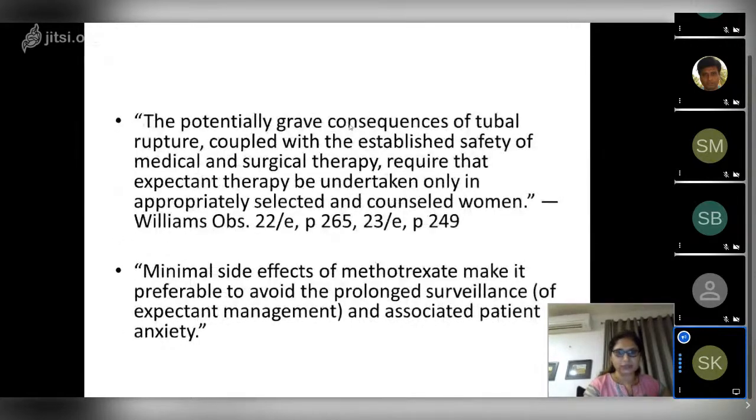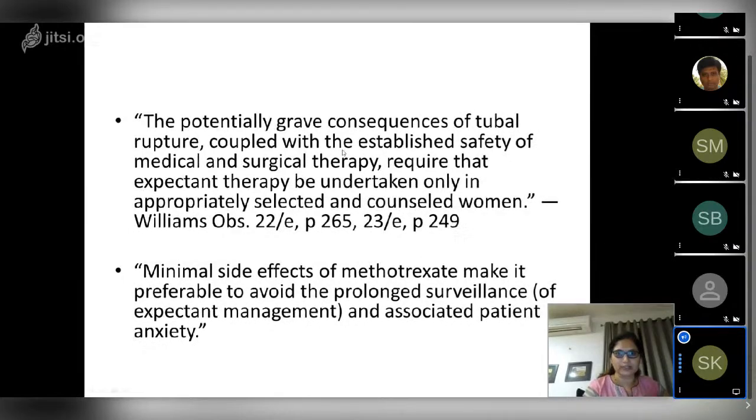So is it clear to all of you regarding the different management aspects of ectopic pregnancy? Now, two important points you have to remember, I've quoted from the Williams and other textbook: the potentially grave consequences of tubal rupture coupled with established safety of medical and surgical therapy require that expectant therapy be undertaken only in appropriately selected and counseled women.